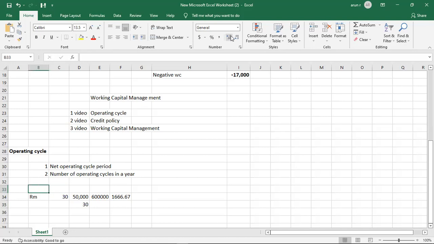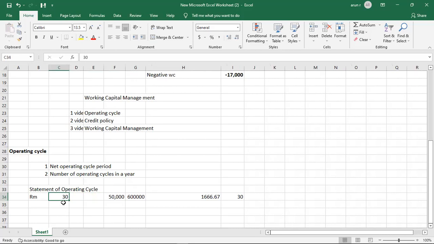Then the statement of operating cycle. Raw material, done. Second, what is given? Work in progress.